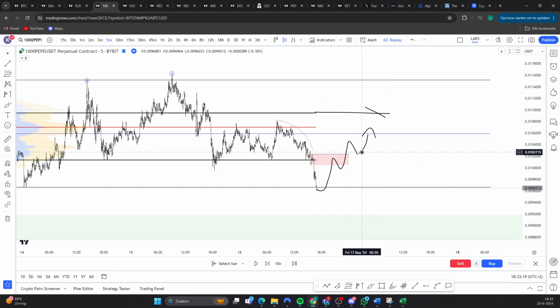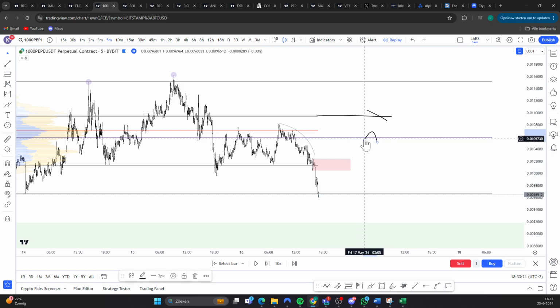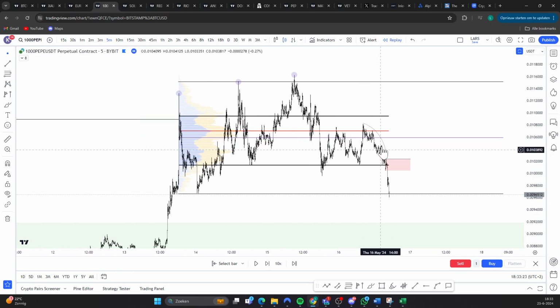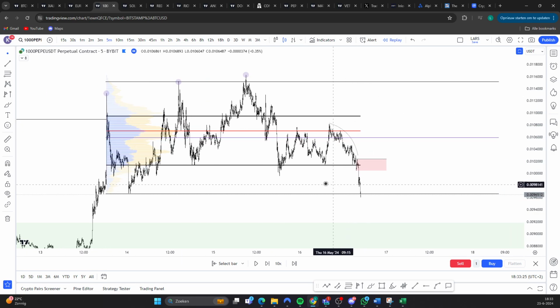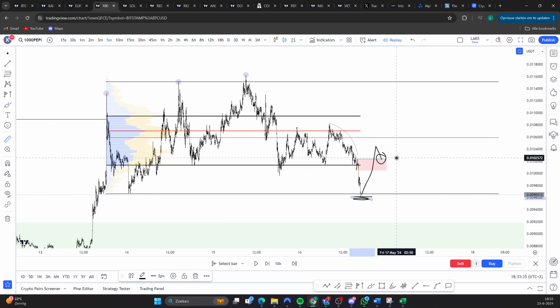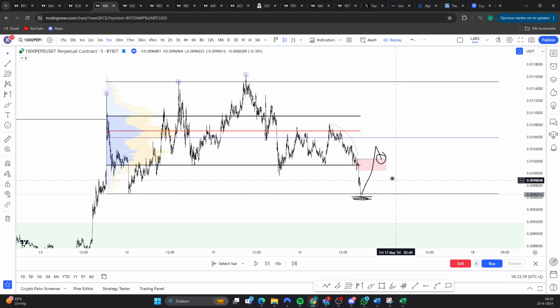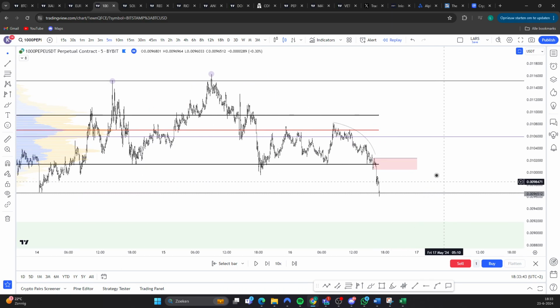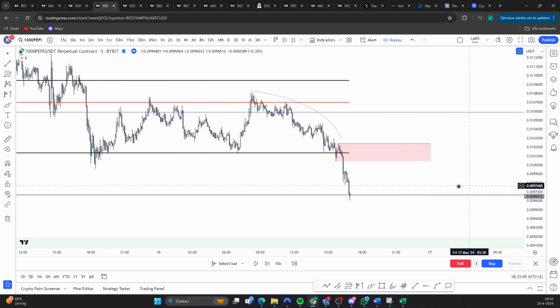So that's kind of what I'm looking at on this setup. It's pretty big. I don't like setups that are too big. Meaning if I enter on this break, I want a reconfirmation in here. Otherwise, I have to keep my stop here. And that would be a 6% stop. It's a bit too crazy for me. But let's see how it develops, okay?